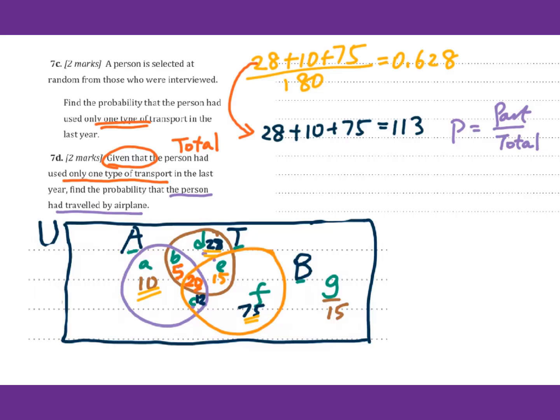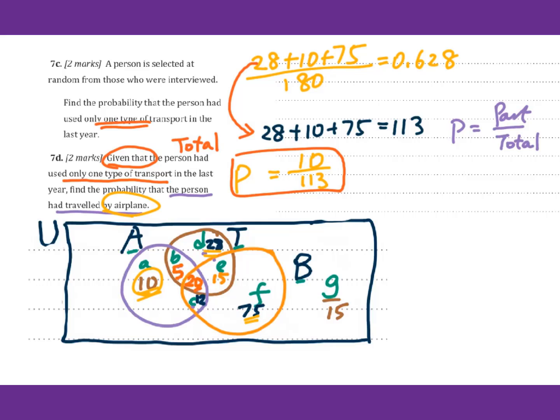Among 113 people, how many take airplane? That is 10. So we do 10 over 113 will be the probability we are looking for. So this will be the solution.